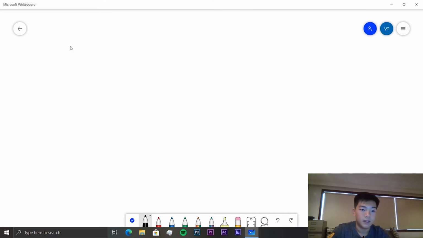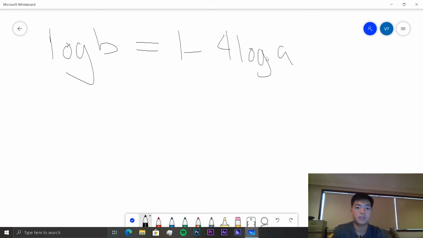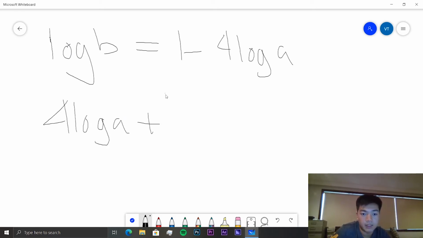We have log b is equal to 1 minus 4 log a. So first let us add these two together. So we have 4 log a plus log b is equal to 1.